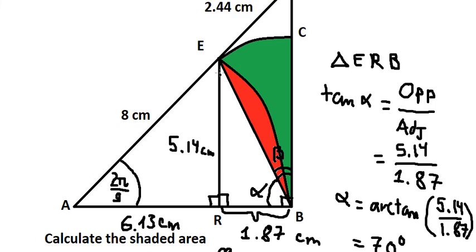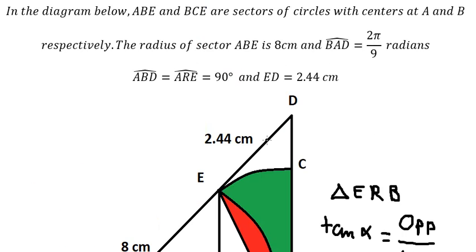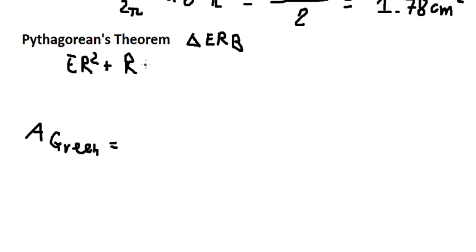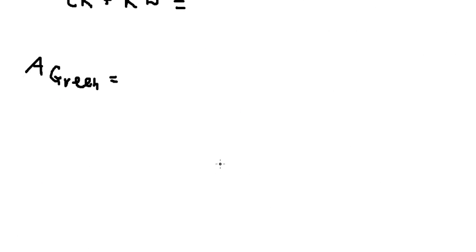So that should be ER square plus RB square equals EB square.